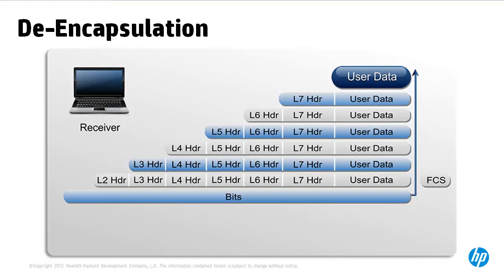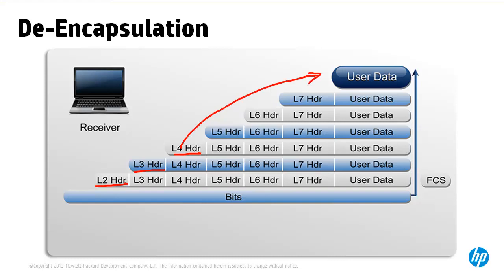At the receiving end, the receiver reverses the process. So the bits are received at the physical layer by the network interface card. The layer 2 header is read. It's then stripped and the data is passed to layer 3. The layer 3 header is read and that's stripped and passed to layer 4. And this process continues until all the headers have been removed.